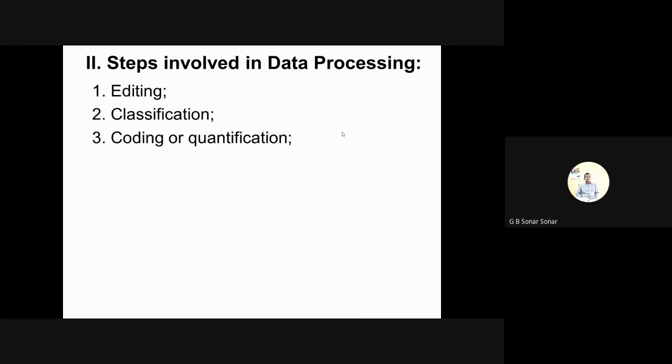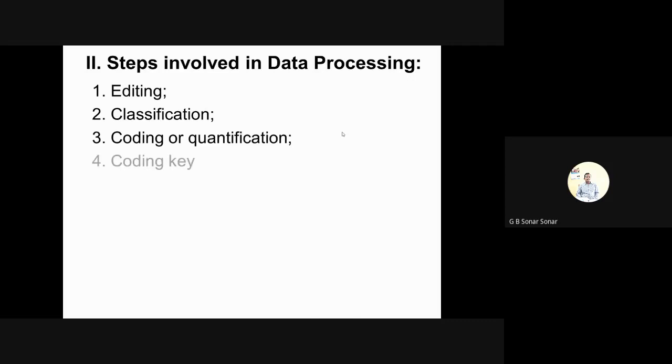If we want to make use of the computers, then we need to give the codes because computer understands only codes. So for that purpose, this quantification or coding is one of the very important steps in doing data processing.